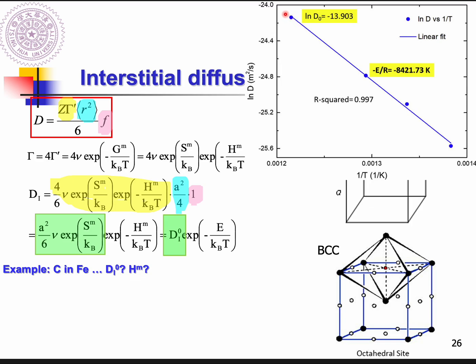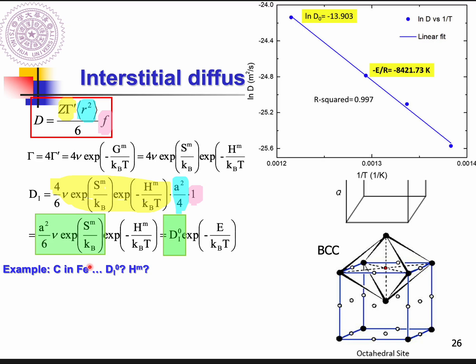After fitting, the slope will equal minus E divided by kB, so you can easily get the migration energy from the slope. And regarding the intercept of this figure, as long as you know the fitting, you get log D0 equal to this value, so we can calculate D0.